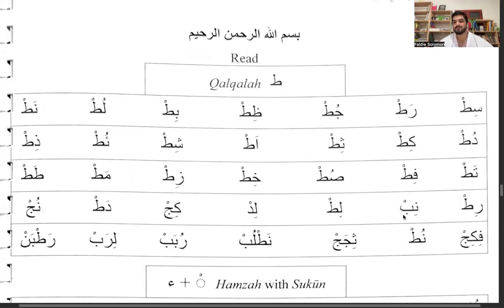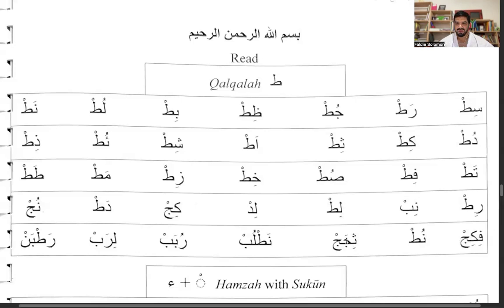Don't forget the dal is also one of the four that we've covered so far. Take note of the kaf in the middle of the word here. Like you saw, I broke this up one letter at a time, and then I read it together in one breath.